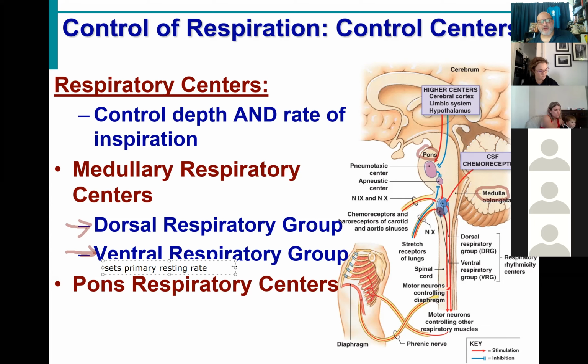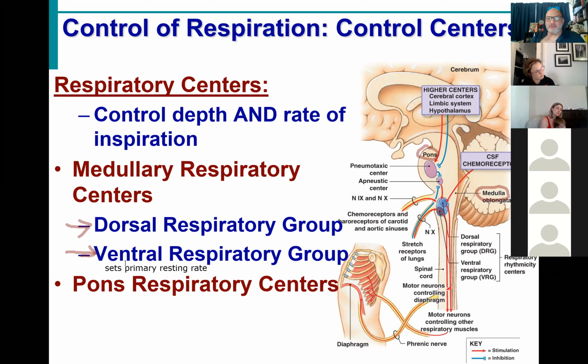But as we've talked about, that is great if you are maintaining homeostasis in your body, but all sorts of other things could be going on. You could be exercising, you could be eating, your body's conditions are changing constantly.